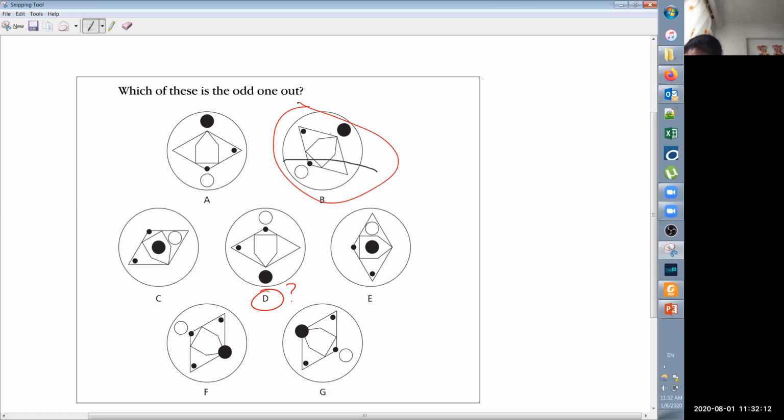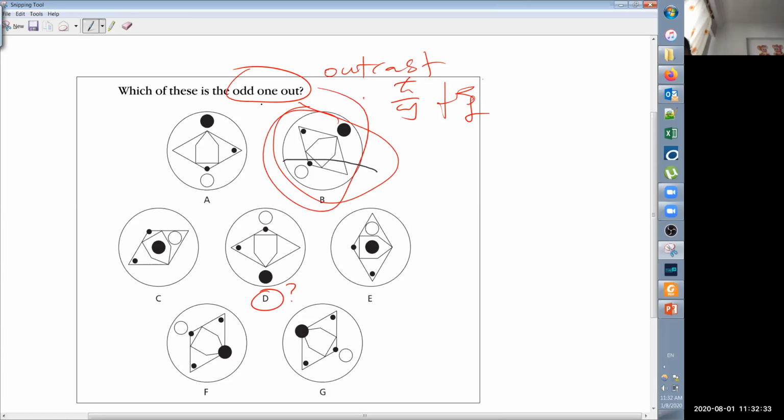You know what's the meaning of odd one out? 就是跟别人不一样。另外一个东西就是它是一个 outcast，就是一个奇怪的人，就跟别人不一样。So odd one out. Okay. B is the answer. Correct. Not D. Okay. Next.